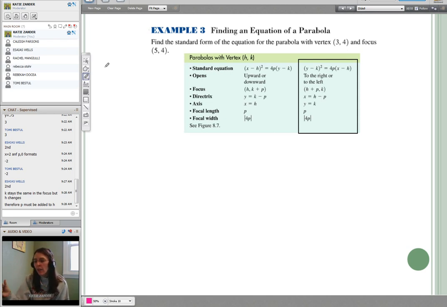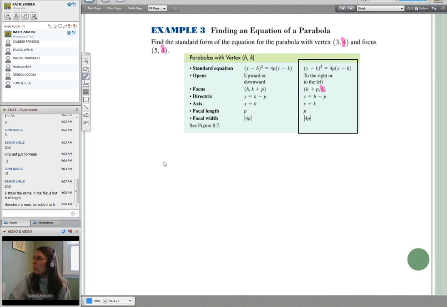So is it the x value that's staying the same, or is it the y value that's staying the same between the vertex and the focus? In this case, it was that y value. So in my charts, I'm looking for the focus where the y value doesn't change. And that would be that second column, because you're not adding anything to the k value. You're changing that h instead. Good. So attention to detail is going to get you the right column to be working with.